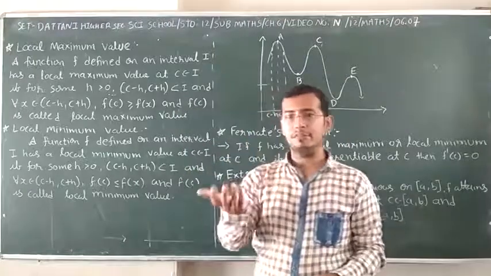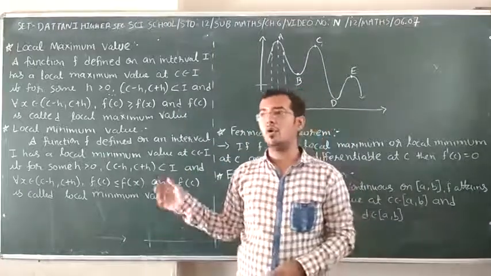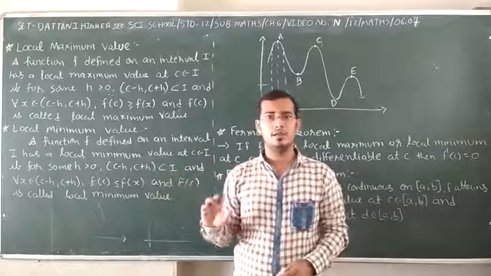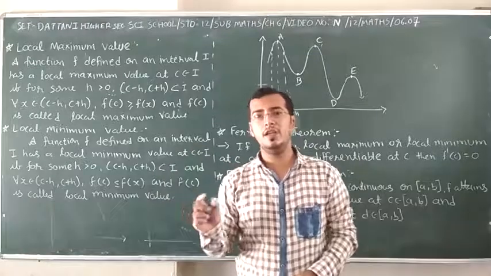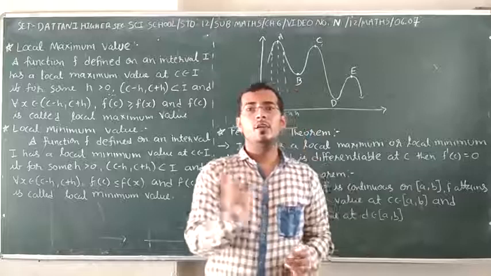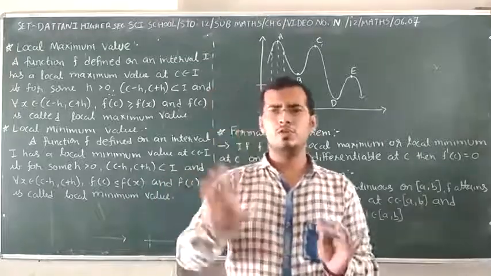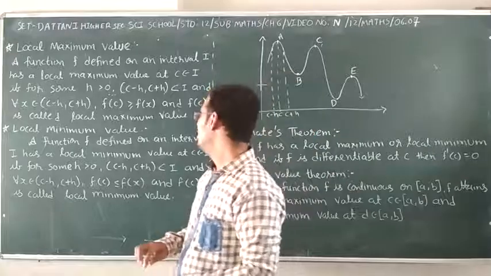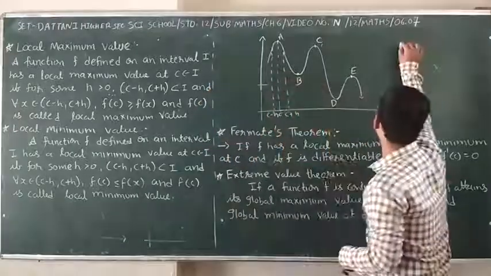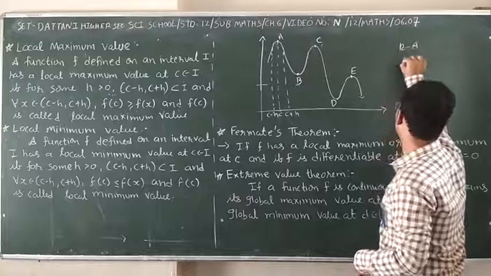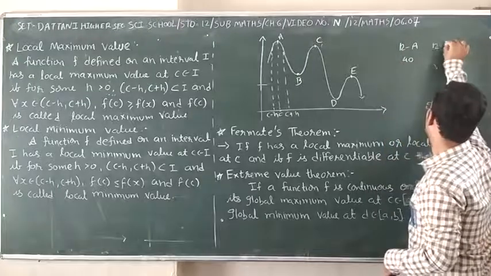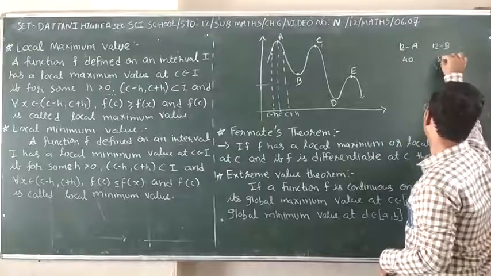Let's check: in class 12A everyone gets good marks, like minimum marks is 40, out of 50. Suppose in 12A class, minimum marks is 40. Suppose 12B, that is 38.